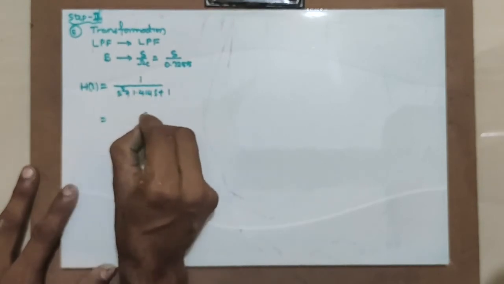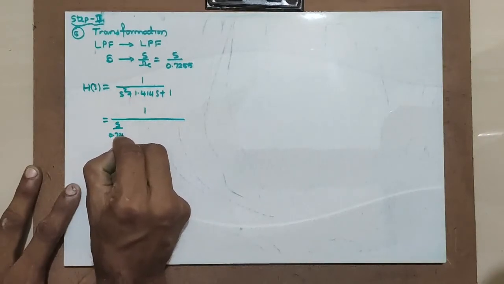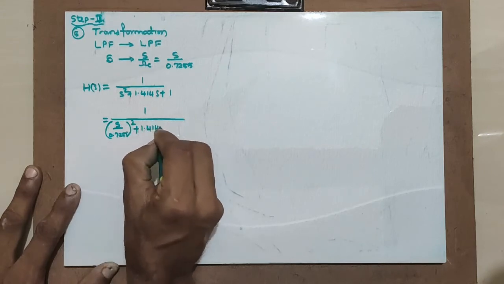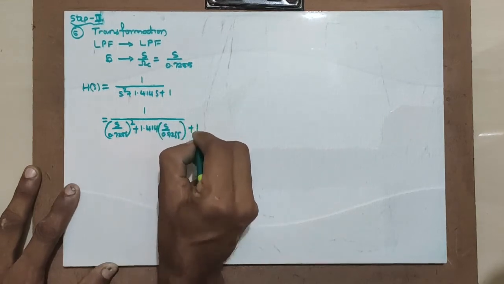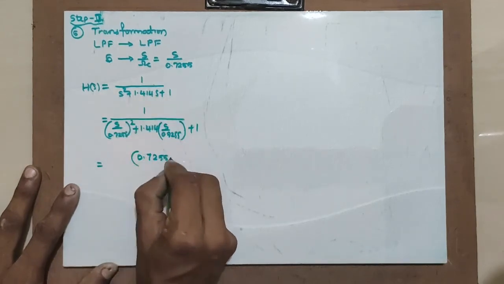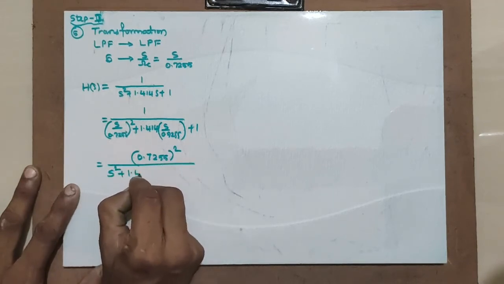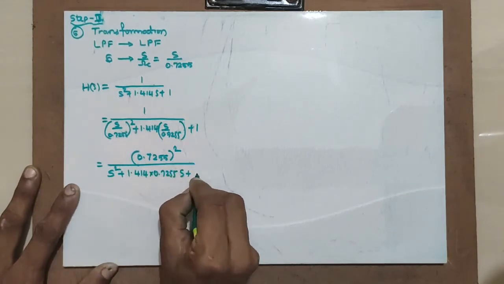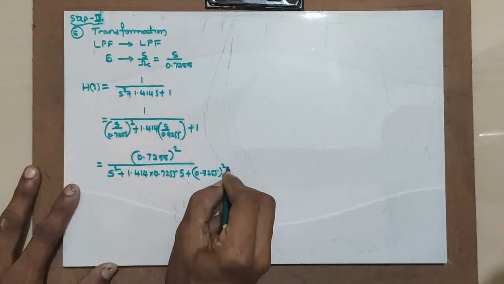Now here I will be substituting s by 0.7255, so it becomes s by 0.7255 square plus 1.414 s by 0.7255 plus 1. Obviously this square goes to the numerator and it becomes 0.7255 square whole divided by s square plus 1.414 into 0.7255 into s plus 0.7255 square.